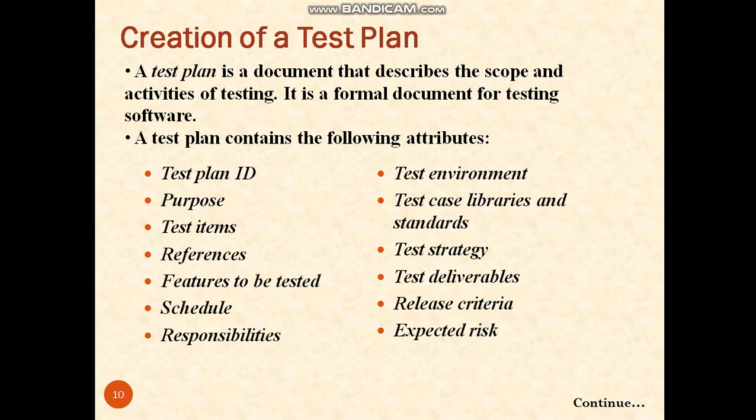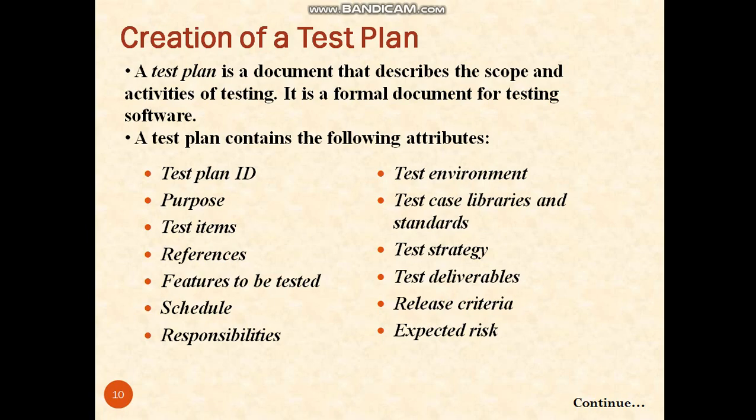First of all, we are going to discuss test plan ID. The test plan ID is a unique identifier for the test plan document, assigned for easy reference and access purposes. Simply we can call it the unique ID for the test plan.